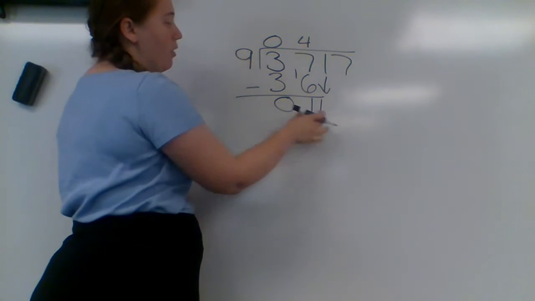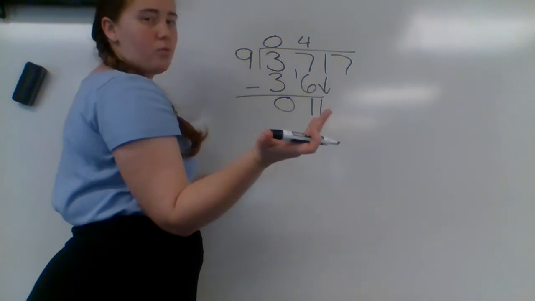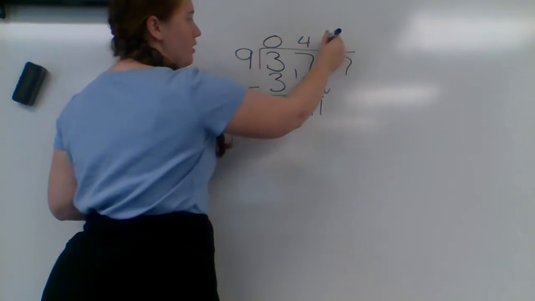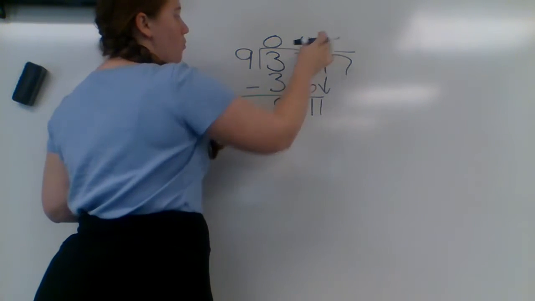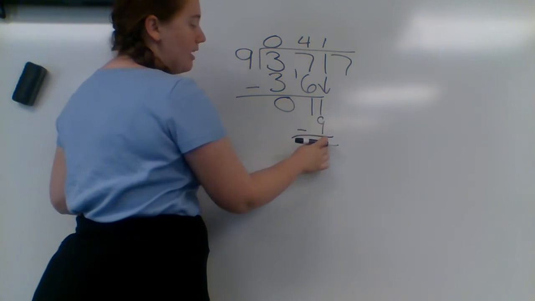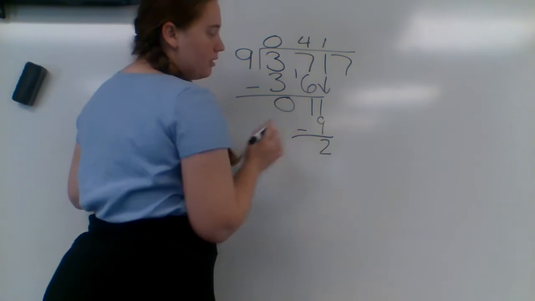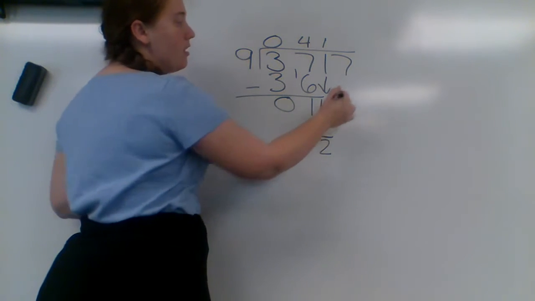And I have 9 will go into 11. 9 will go into 11 probably just one time, because 9 is really close to 11. So 1 times 9 is 9. And 11 minus 9 is 2. 2 is smaller than 9.